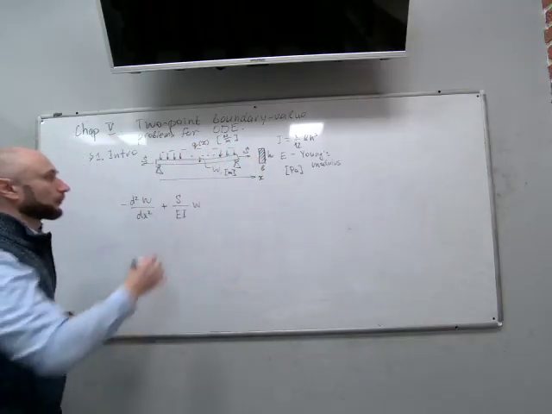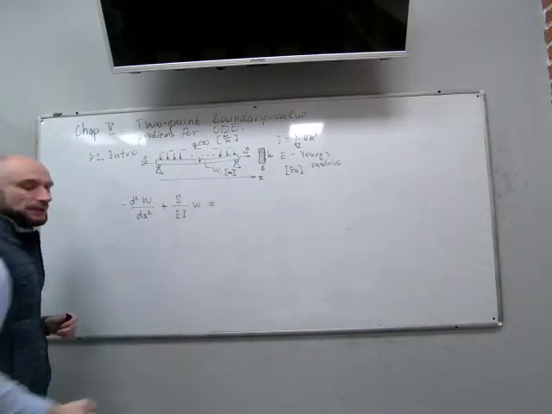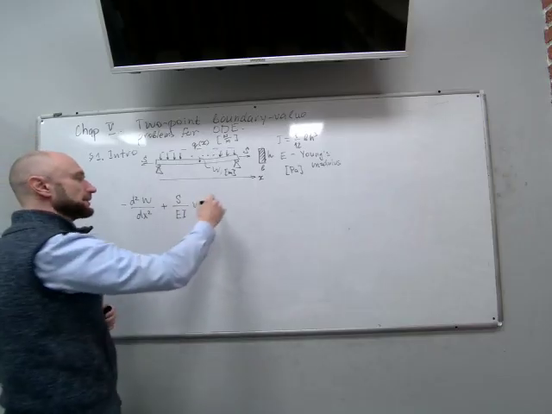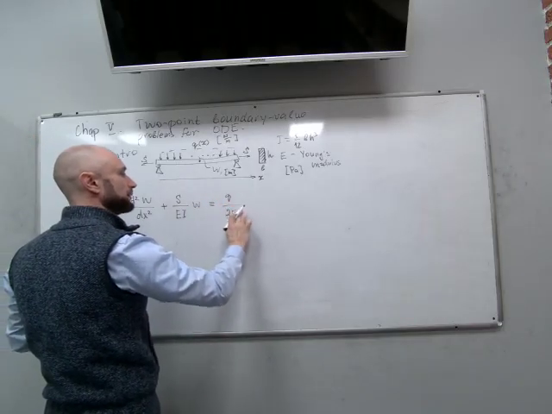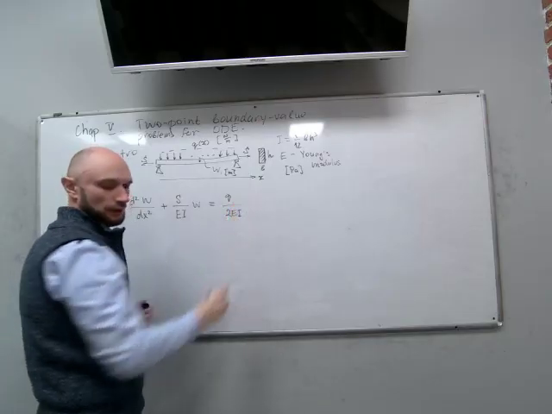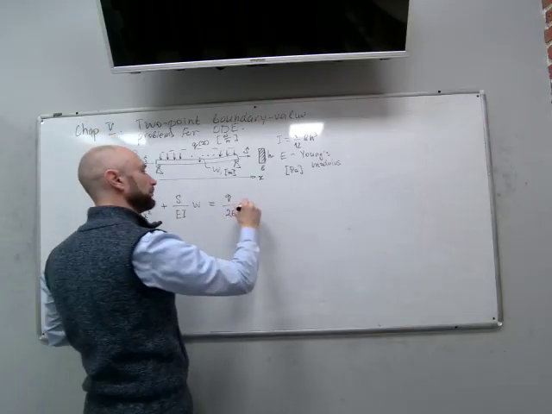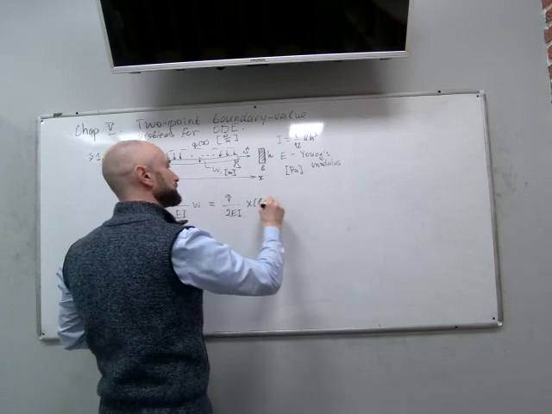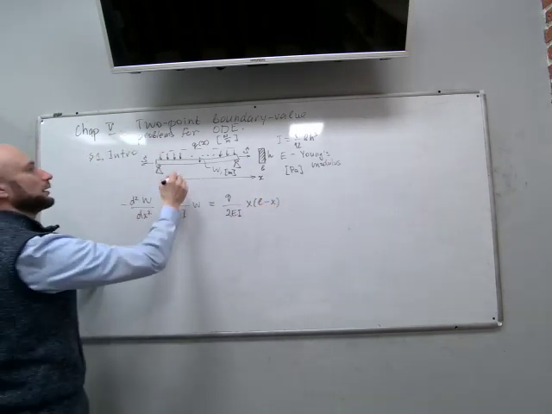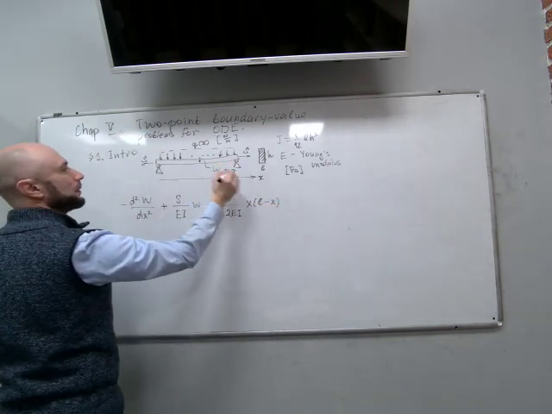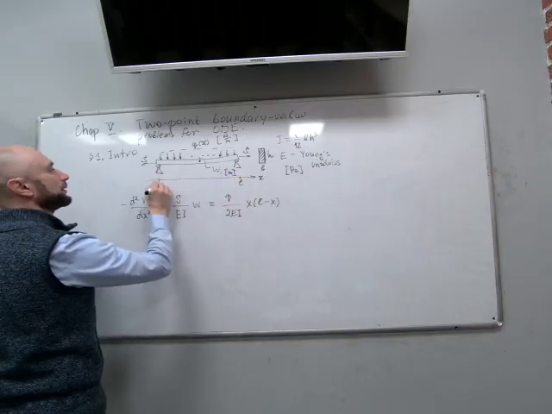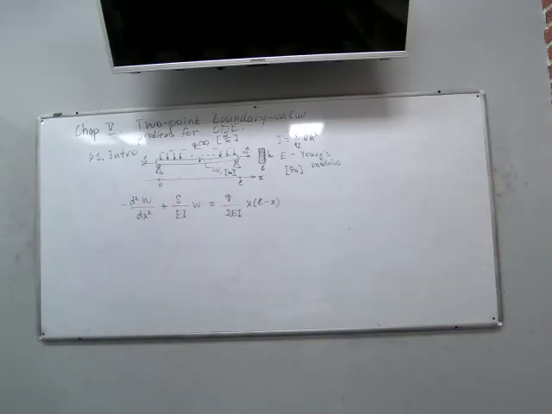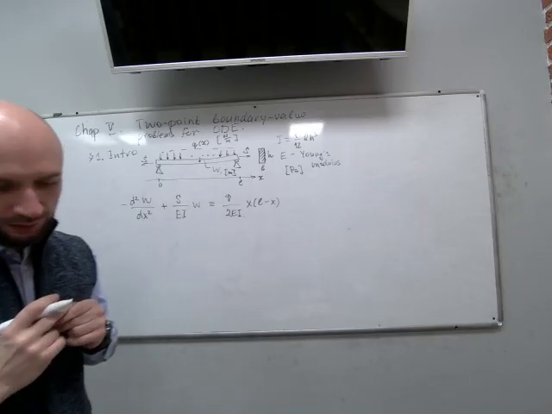So this is the left-hand side of our equation, and on the right-hand side we are going to have something like this. X times L minus X, where L is the total length of my beam.